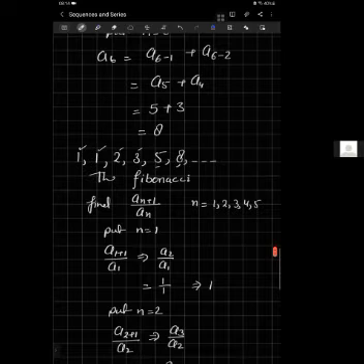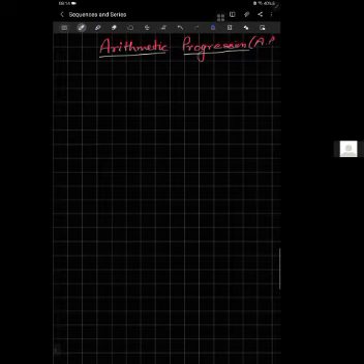Like the first term is A, then for the next term we add a constant term to the preceding term, so it will be A plus D. If again I add D, it will be A plus 2D, A plus 3D, A plus 4D, and so on. This is said to be an arithmetic progression, AP.